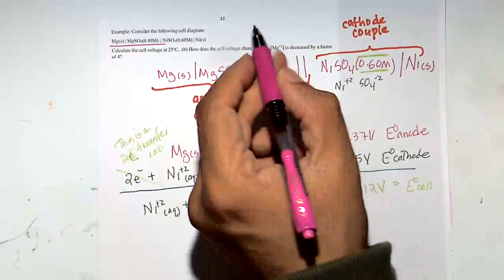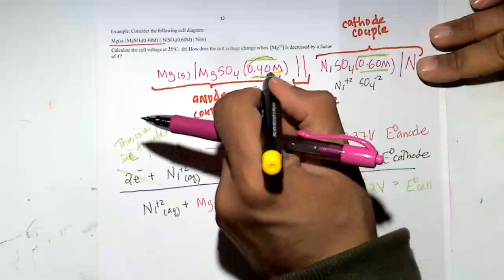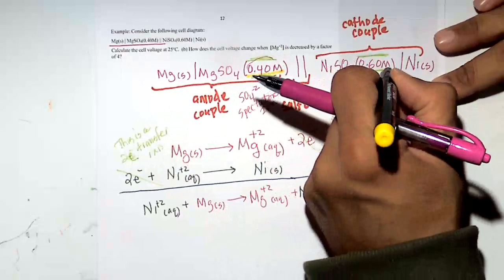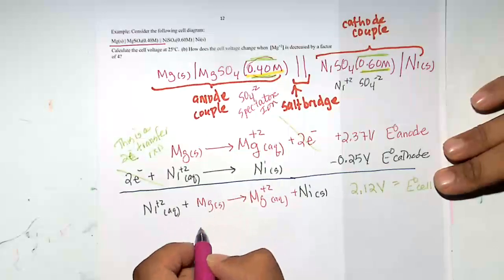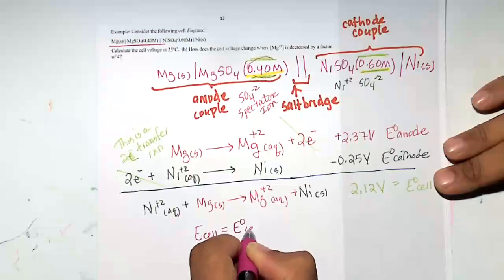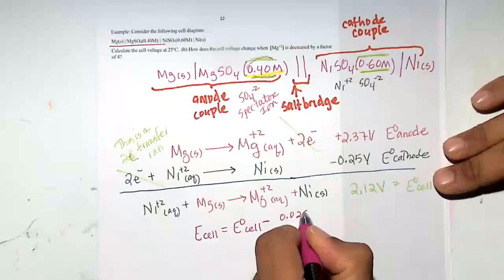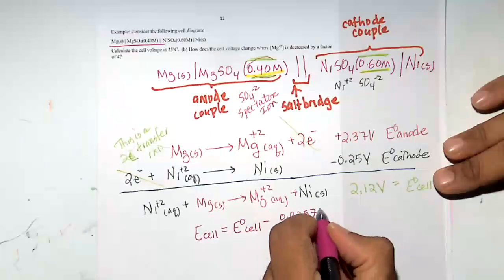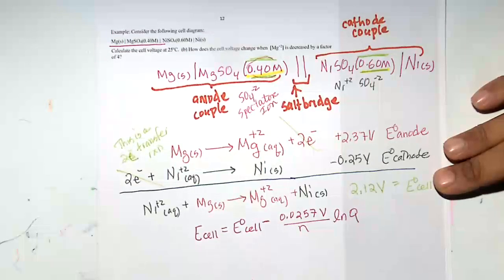What we'll do is use the Nernst equation to figure out the voltage at this concentration. Okay. At this concentration, not the standard state concentration, which would be 1, but this concentration. All right, so the Nernst equation, I'm just going to copy it from our notes. Okay, let's fill stuff in.